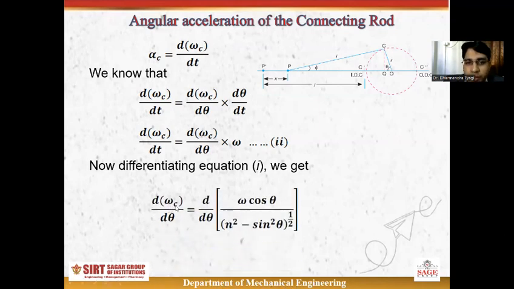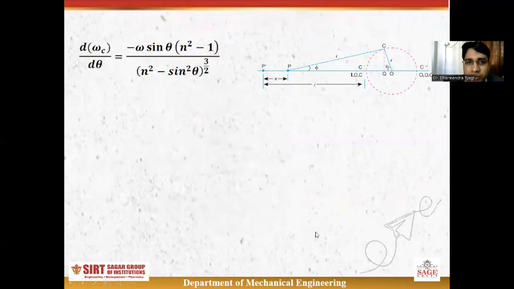dωC/dθ equals d/dθ of ω cos θ upon (n² minus k sin²θ) raised to power 1/2. This is the value of angular velocity of the connecting rod. After the differentiation of these terms, we will have minus k ω sin θ (n² minus k) divided by (n² minus sin²θ) raised to power 3/2.